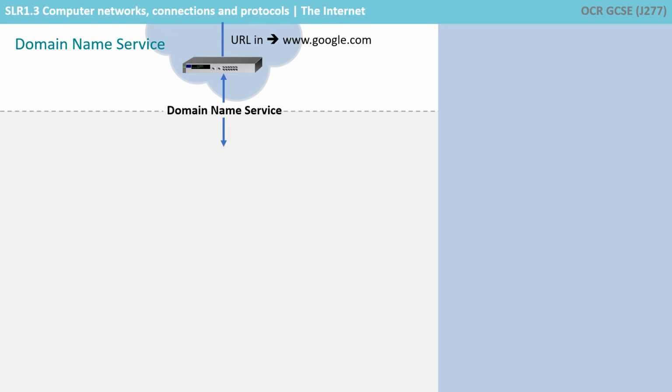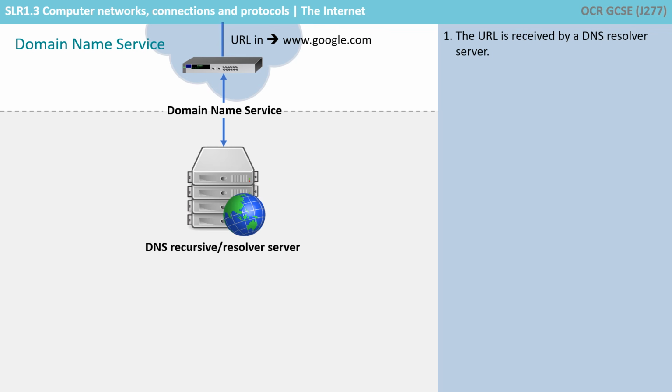Just before we summarise what you've learned in this video, let's look in a little more detail at how the domain name service actually turns a human readable URL, such as www.google.com, into an IP address. So it's a multi-step process which begins with the URL being received by a domain name service resolver server.